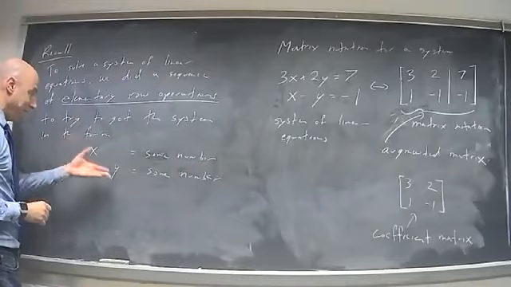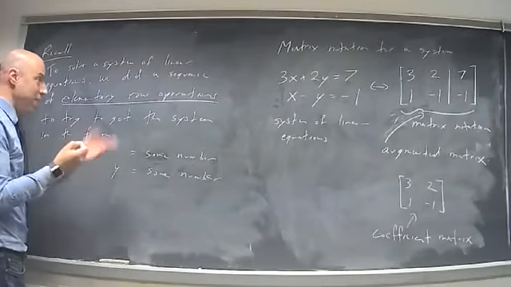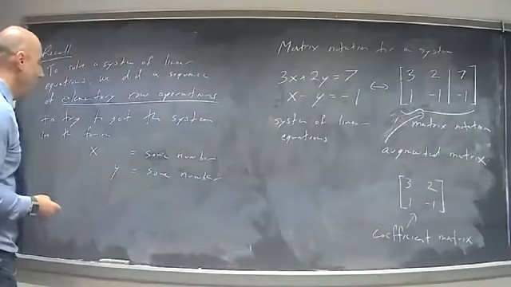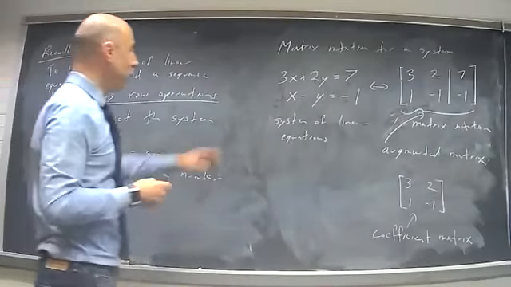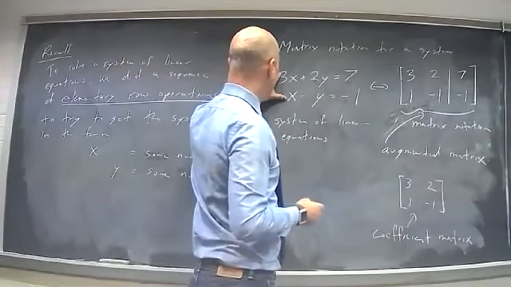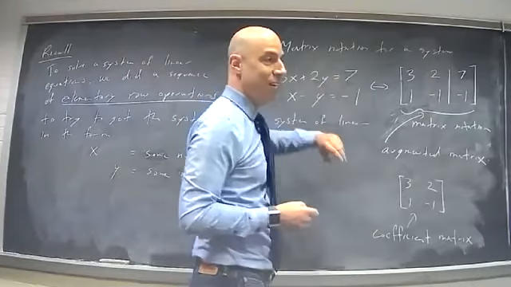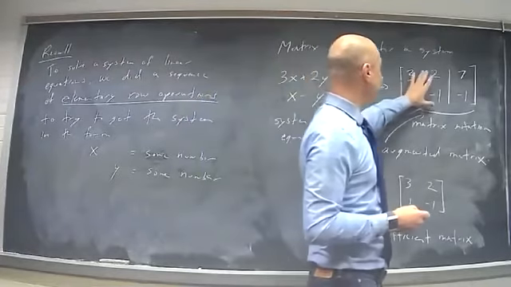If we know what x is, we know what y is, we know where these two lines cross. I want to do the same thing. Instead of working with a system of linear equations where I have to keep writing the x's every time and the y's every time and the equal signs every time, I want to do it with the matrix form.